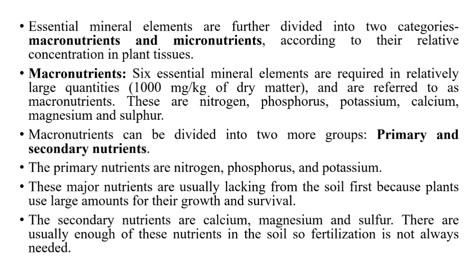As calcium, magnesium and sulfur are present in abundant quantity in the soil, there is no need to apply them externally to the plant, and applying fertilizer externally to the plant is called fertilization. Okay, but NPK should be provided externally to the plant.